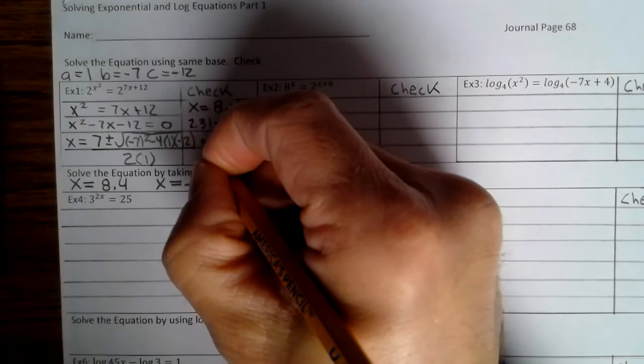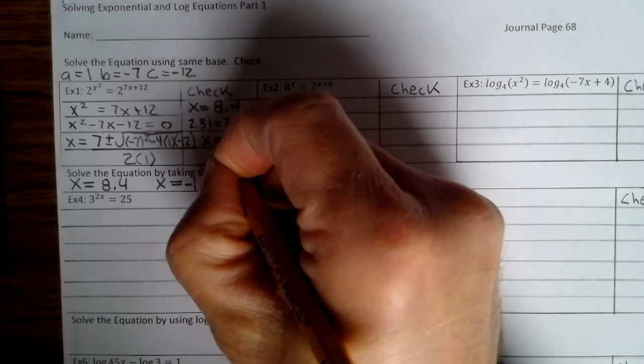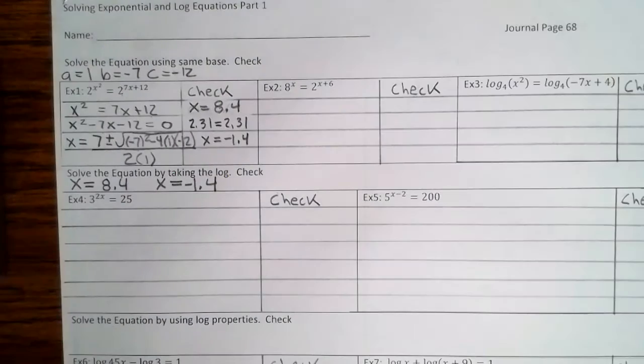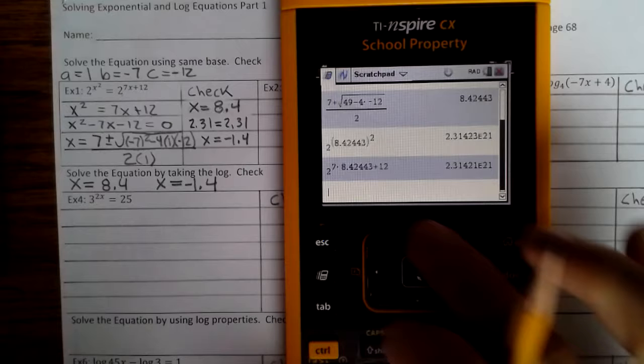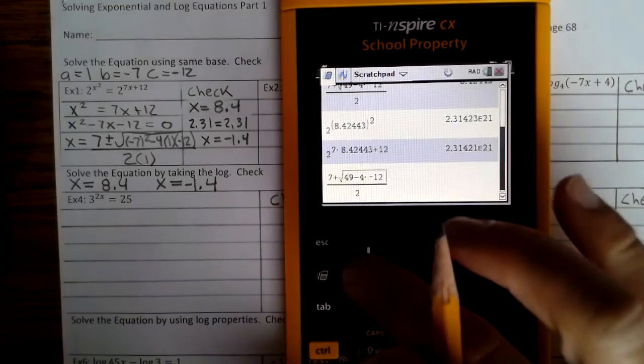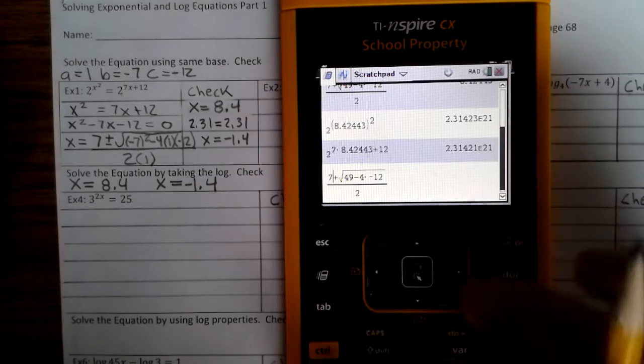Now let's check x equals negative 1.4. And what we need to do is find the exact number to check with. So we can come up here and change the plus to a minus. So it's actually negative 1.42443.